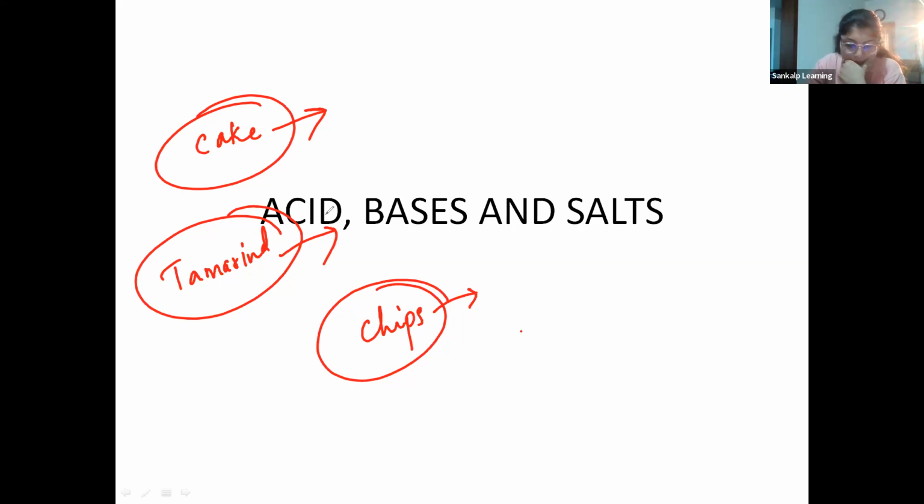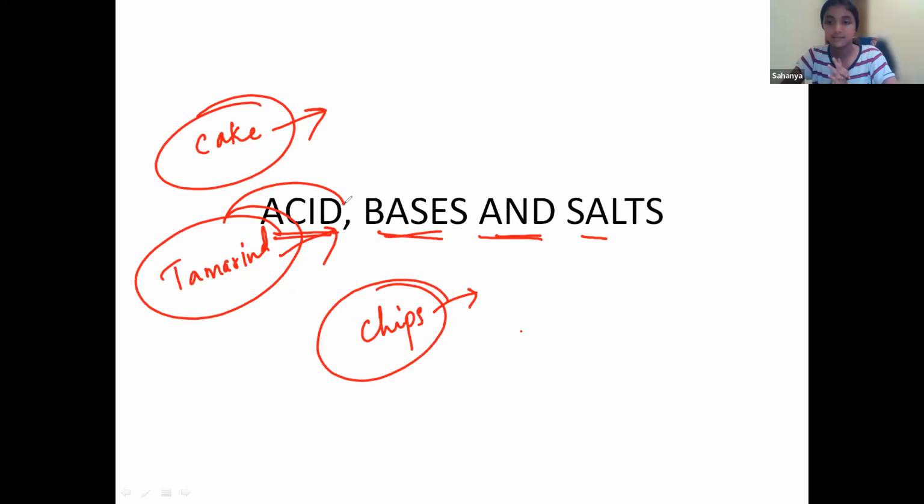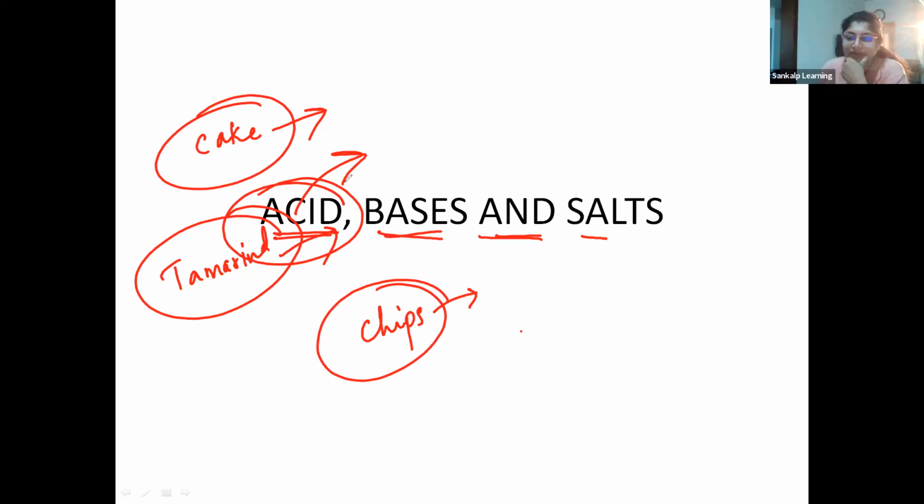Now why do different substances show different tastes? This depends on the nature of what is present, so they are classified as acids, bases, and salts. Acid means they will have a sour taste.